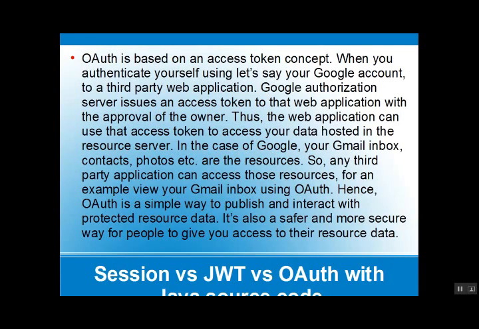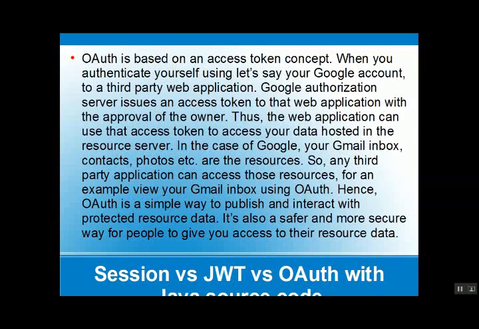OAuth is basically based on the access token concept. So when you authenticate yourself using, let's say, a Google account on a third-party website, the Google authorization server issues an access token to the web application with the approval of the owner. Thus the web application can use that access token to access your data hosted on the resource server.